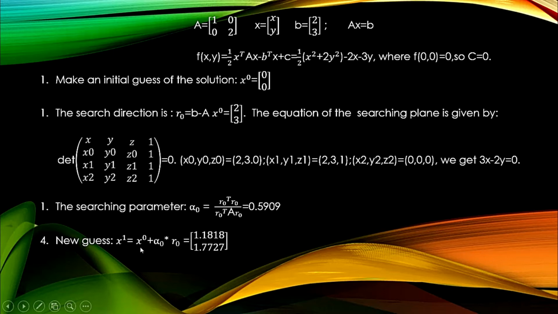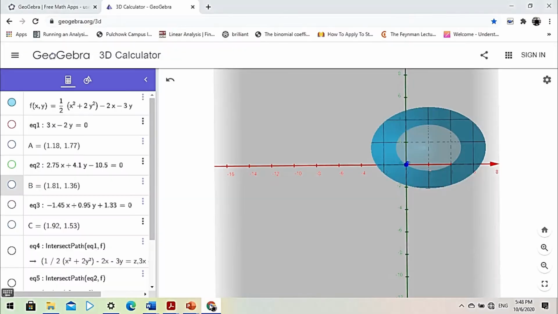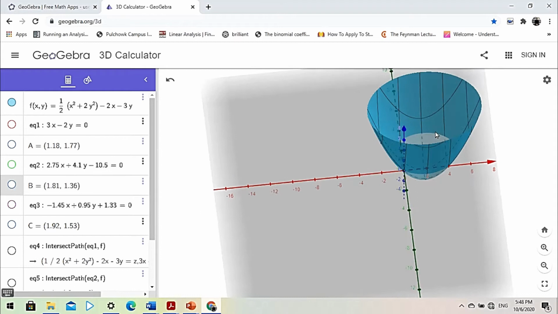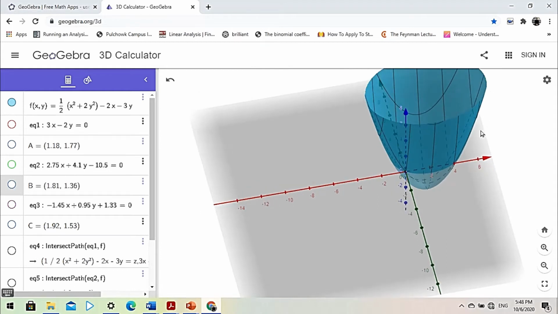We have to move along the direction of r naught from x naught, but this quantity alpha naught tells you exactly how much we should move to minimize the function. So let us see how this works in the graph, right here. Let me enlarge this.